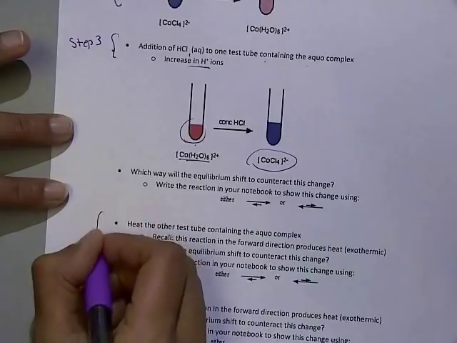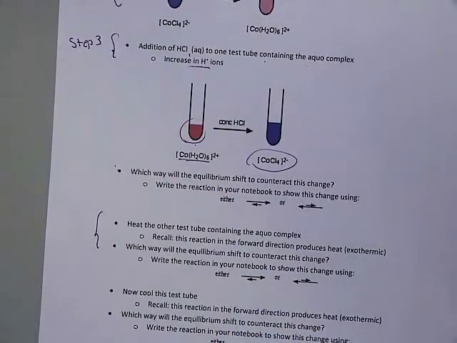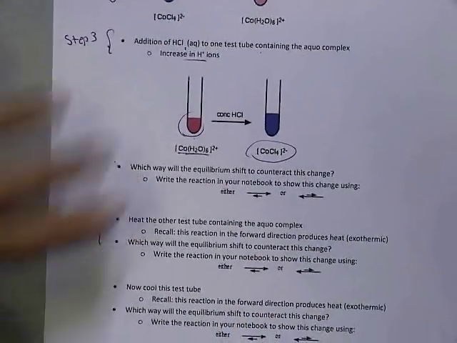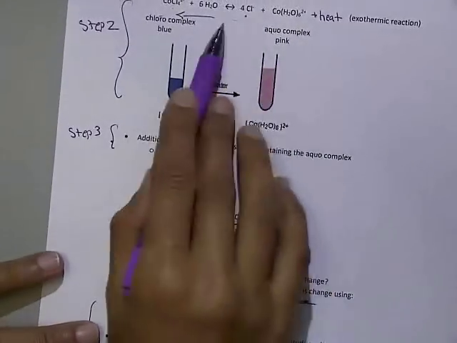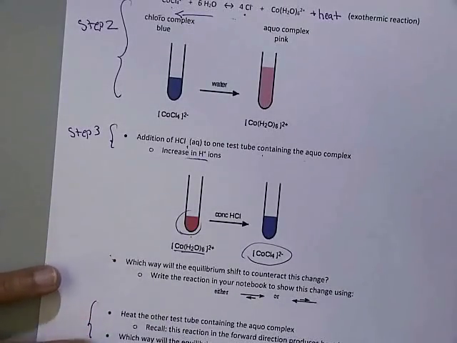In step 5, I'm going to leave these questions for you to answer because this should be in your notebook. After conducting this experiment, I want you to tell me which way the equilibrium shifts, to the right or to the left, based on our addition of HCl or heat.